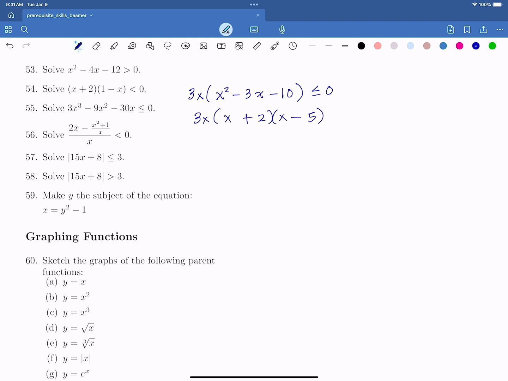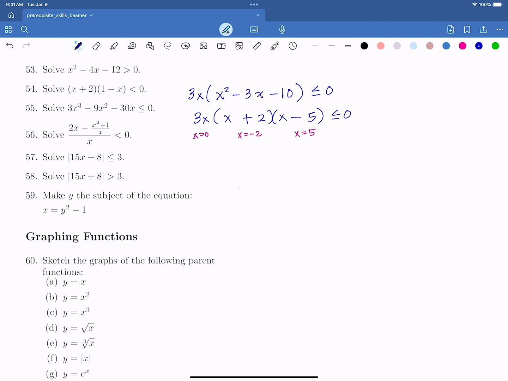Let me FOIL that back out to check: x squared minus 5x plus 2x minus 10. Looks good. Getting the roots here, we have x = 0, x = -2, x = 5. I get my roots by setting each factor equal to 0.